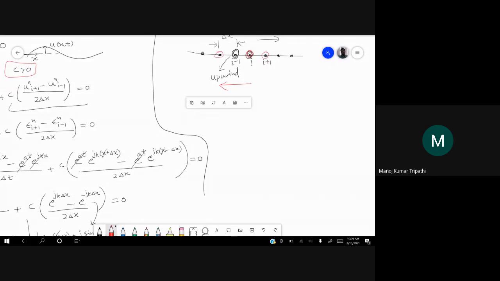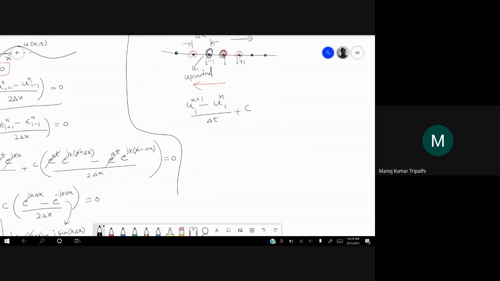So for the time term, it will still be u at n plus 1 minus u n at I by delta t, plus c times dou u by dou x, which is u i at n minus u i minus 1 at n by delta x, equal to 0.